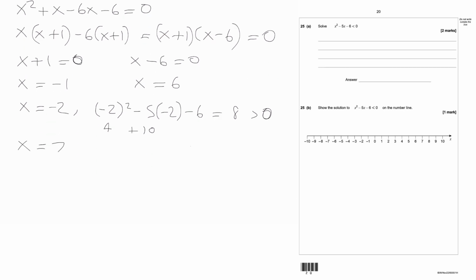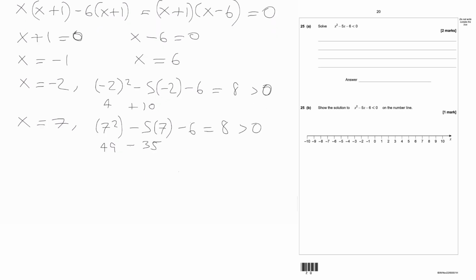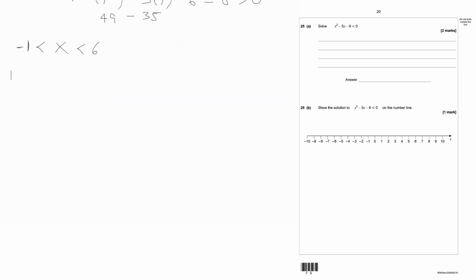Likewise, if we took the value 7 and plug this into our quadratic, this again gives us 8, which is greater than 0. So we know that the quadratic must be less than 0 in between the boundaries of minus 1 and 6. So we have x is greater than minus 1 and less than 6.